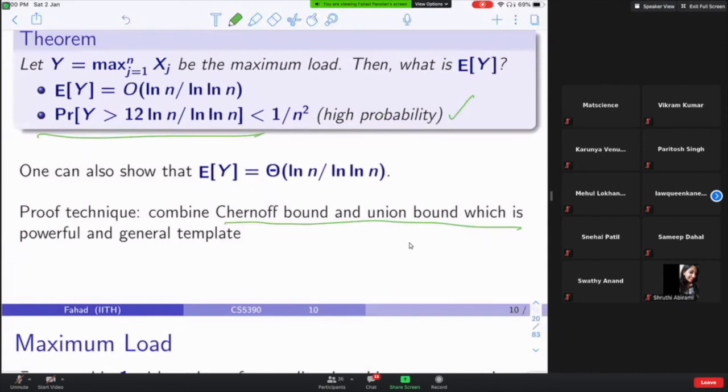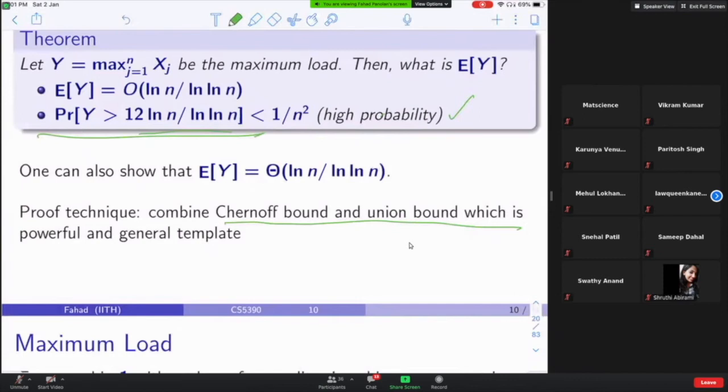How many bins are there? n bins are there. I just fix one bin, and then I would say the probability that the load within that bin is more than this quantity is bounded by 1 by n cube. That I prove using Chernoff bound, and then there are n bins.